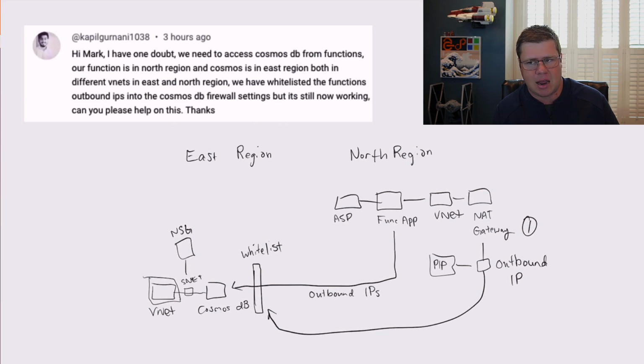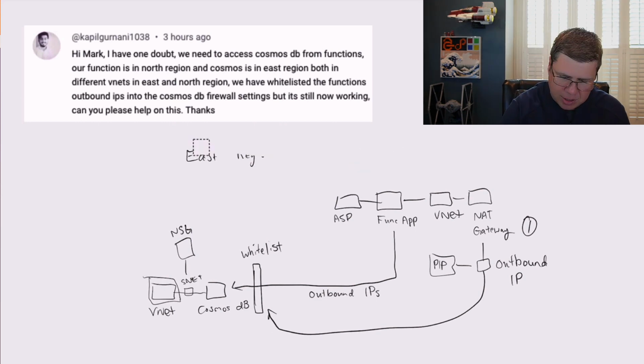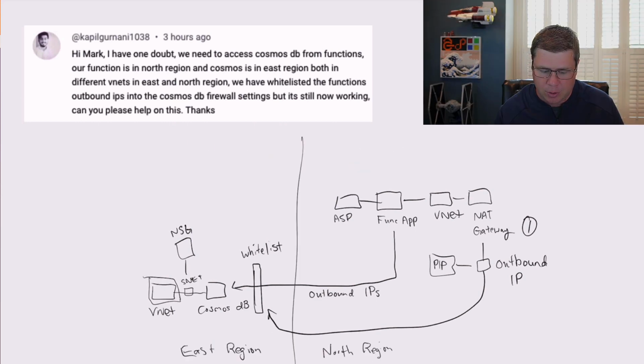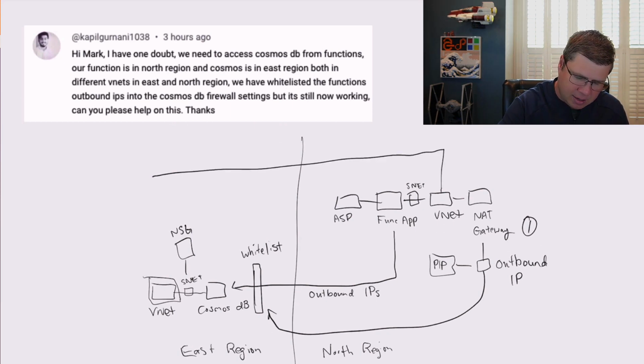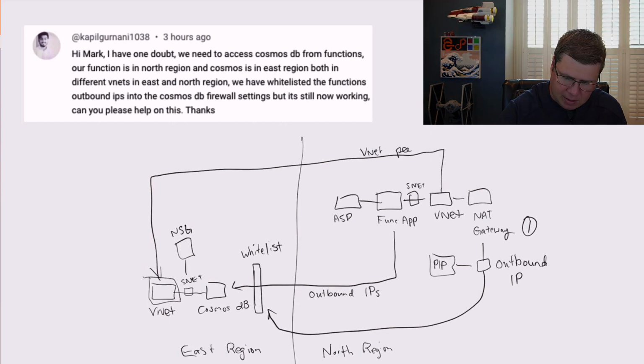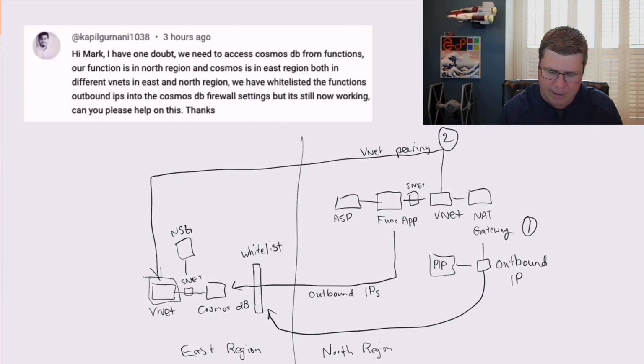Why don't we use private networking to connect them together? So this function app lives in a subnet within this VNet. And basically we can set up VNet peering between this VNet over here and this VNet over there. So this is what I'll call option 2, okay?